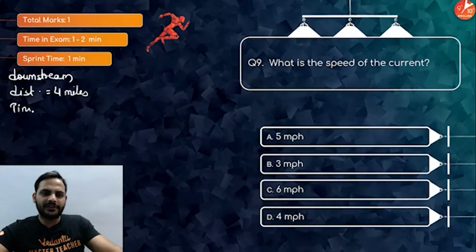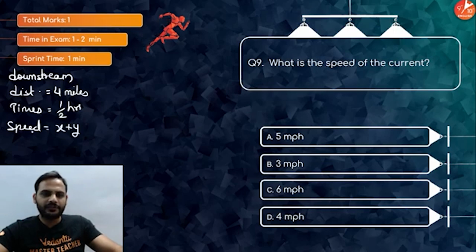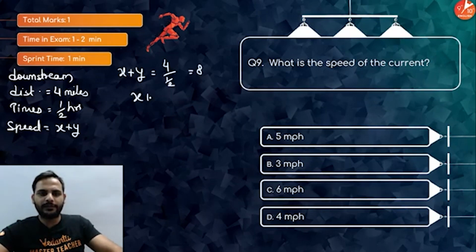Time is 30 minutes, that means 1/2 hour. So speed here will be x plus y, addition of speeds. Speed x plus y is equal to distance upon time, 4 upon half, which equals 8. Second equation: x plus y is equal to 8.